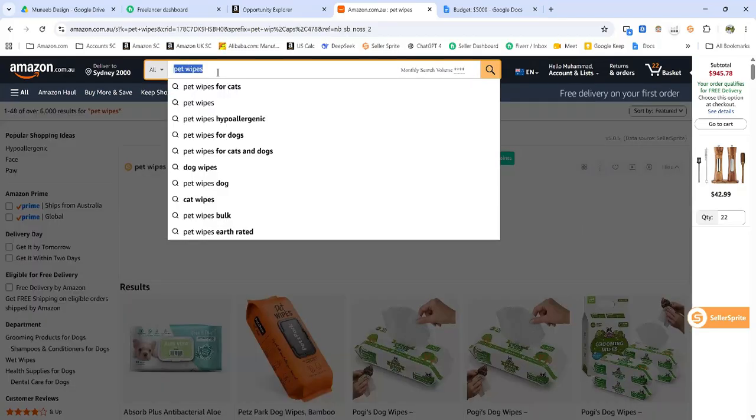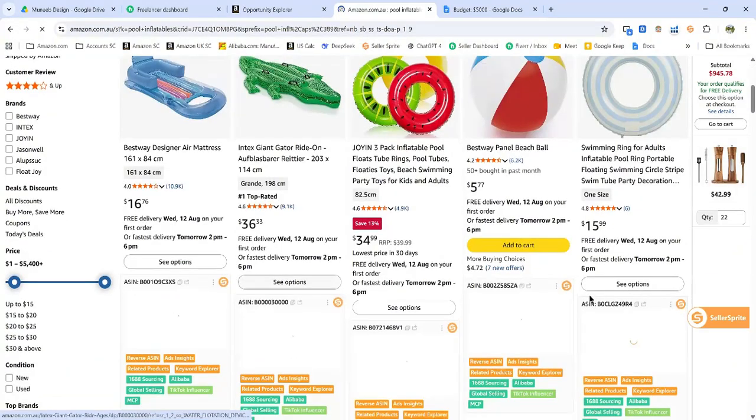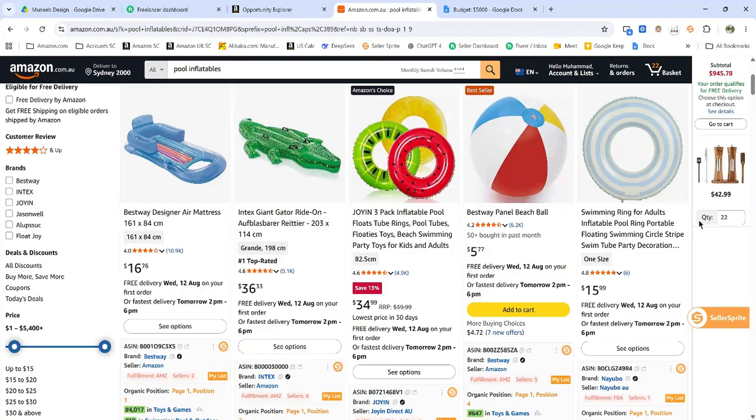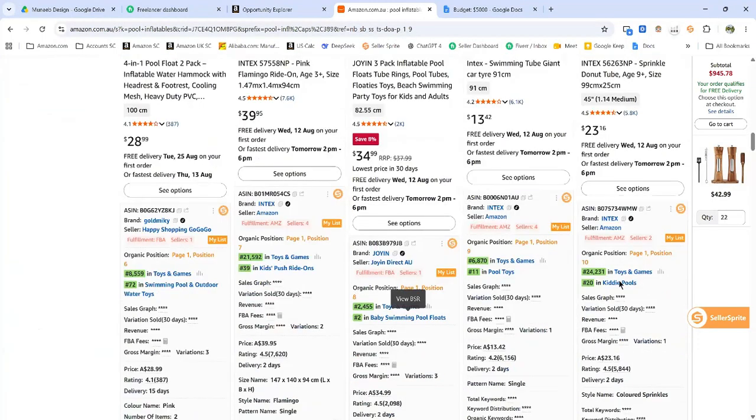For example, pool products like pool inflatables, these sorts of products are only for countries where winter is 2, 3, 4 months. These usually sell within 1 or 2 months of summer, and then in the rest of the months they don't sell well.